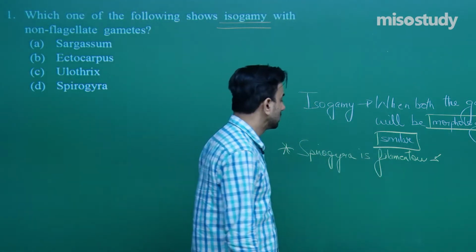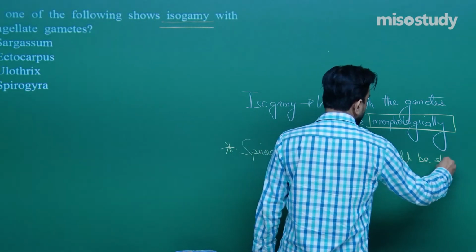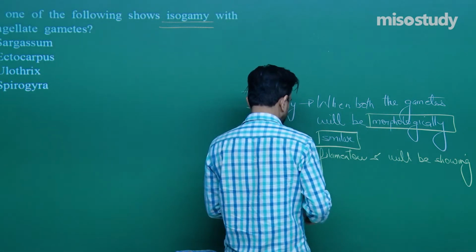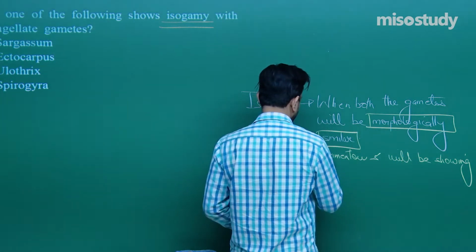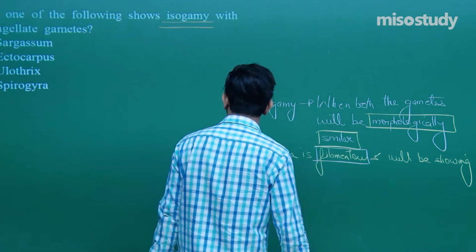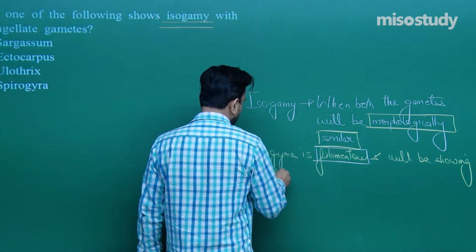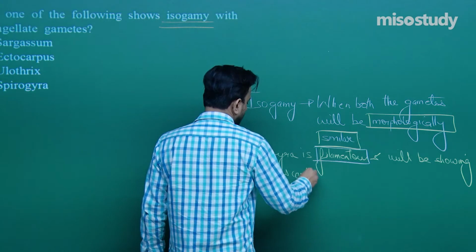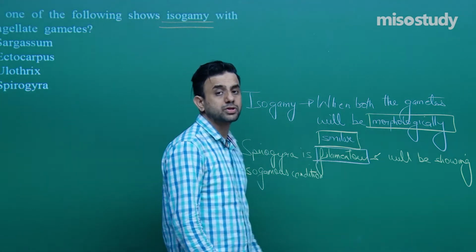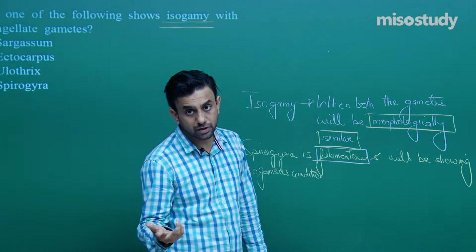Spirogyra is filamentous and shows an isogamous condition. It shows both sexual and asexual, that is vegetative, means of reproduction.